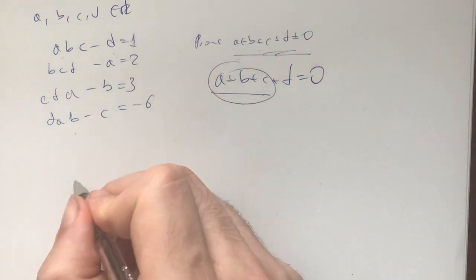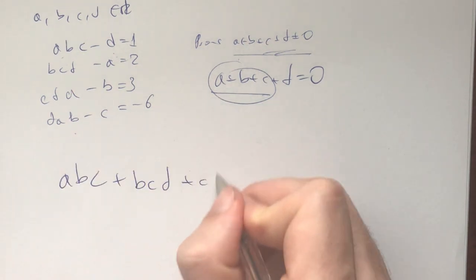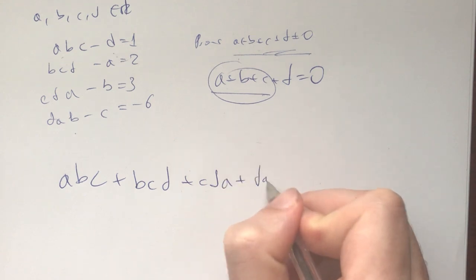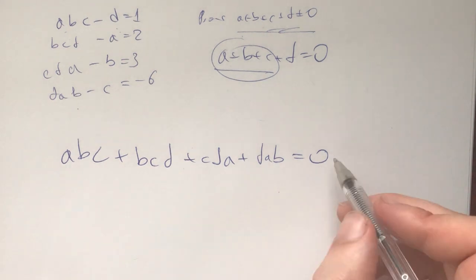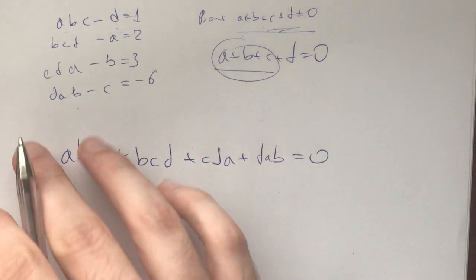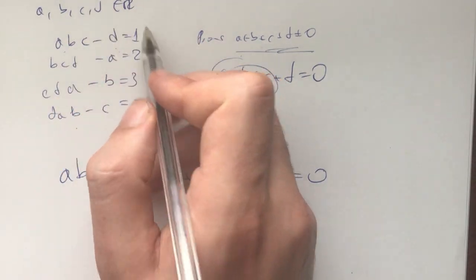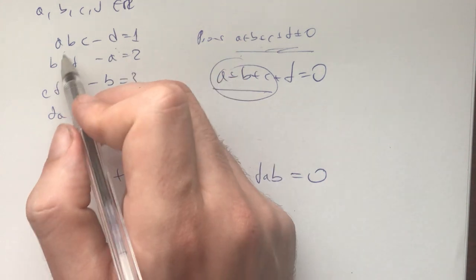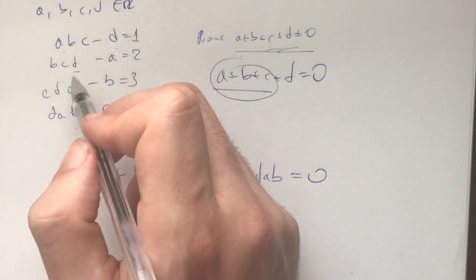So let's do that. When we do that, we have ABC plus BCD plus CDA plus DAB equal to 0. Now the question is, can we factor this in any way, shape, or form? Before I do this, I want to point out that I didn't want to just plug stuff in, like D is equal to ABC minus 1, and then plug that in here and get rid of, say, A by plugging the necessary thing in.